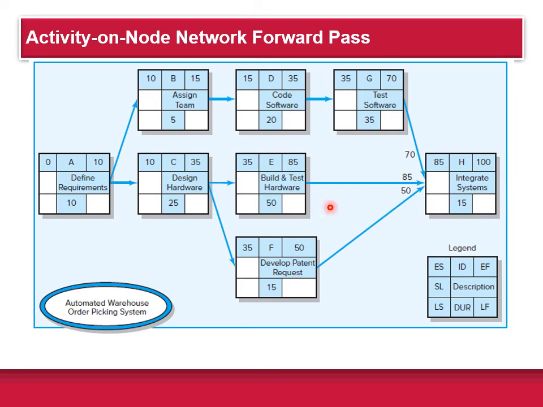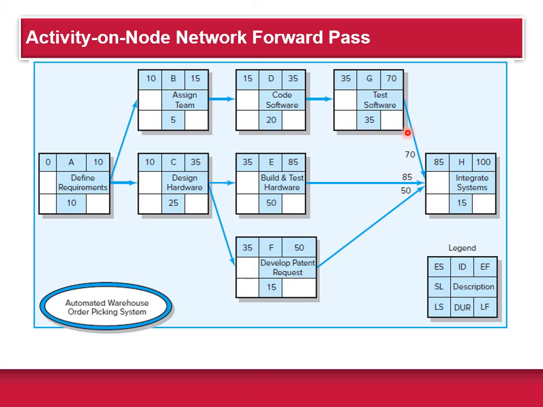So, the key thing when you get all this drawn is you ask, which activity controls this, and the answer is obviously E here controls it, right? Because E takes the longest amount of time, 85 days. So if activity E is delayed, activity H will be delayed, right?